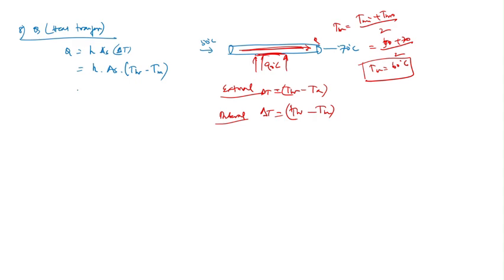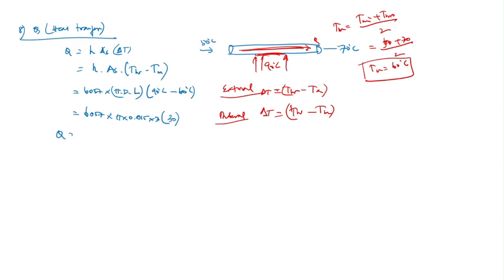Here h we already found, equal to 6057. Area is equal to pi times D times L. The wall temperature is 90 degrees Celsius and the bulk mean temperature is 60 degrees Celsius, so the difference is 30. So 6057 times pi times diameter 0.015 times L 3 times 30.